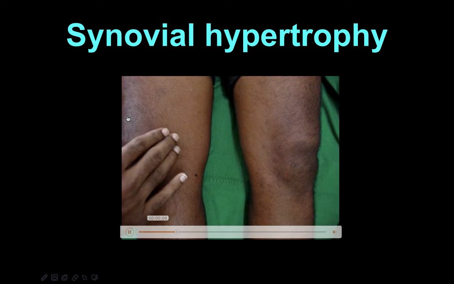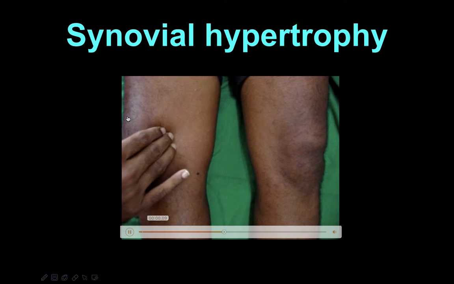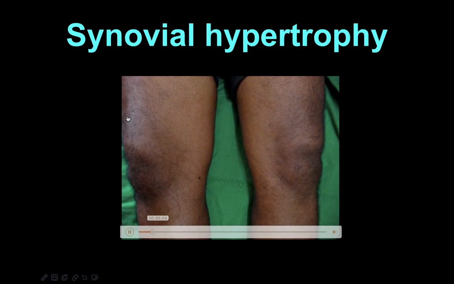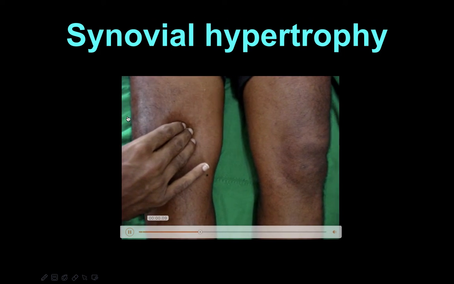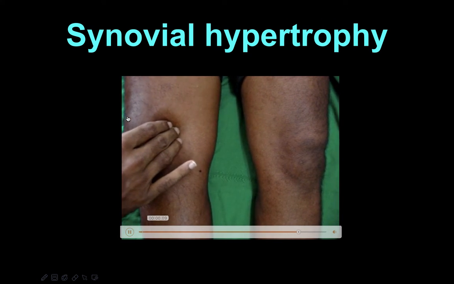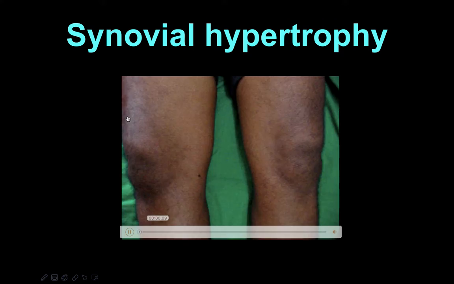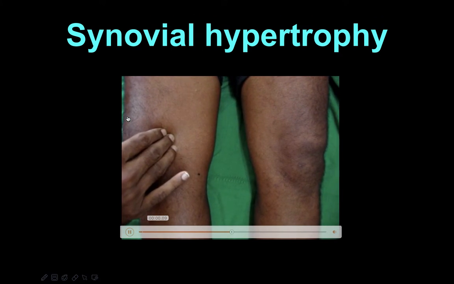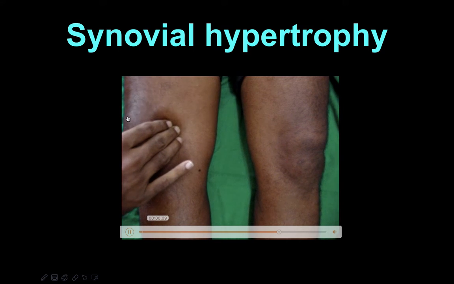So keep the knee in 5 to 10 degrees of flexion, insinuate your finger into the synovium and feel for the doughy feeling of the synovium. This type of feeling is very common in tuberculosis of the knee joint, and also in various other causes of synovitis.